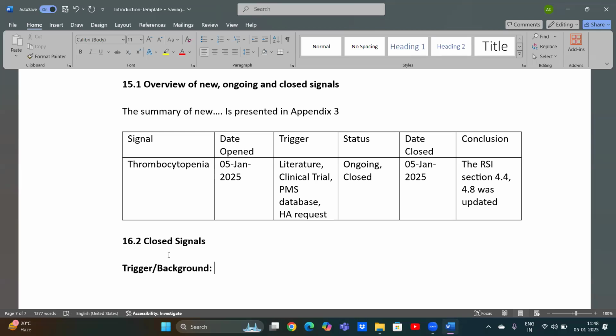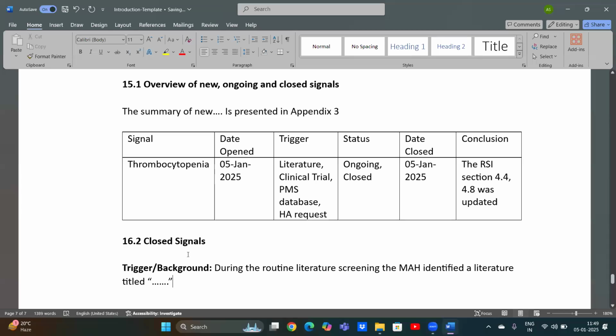You will write that during routine literature screening, the MAH identified a literature titled something, whatever is there. Like this you will write the trigger.